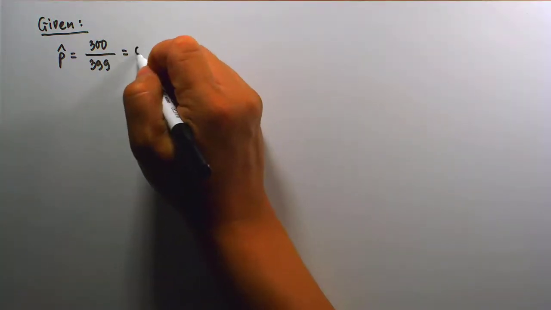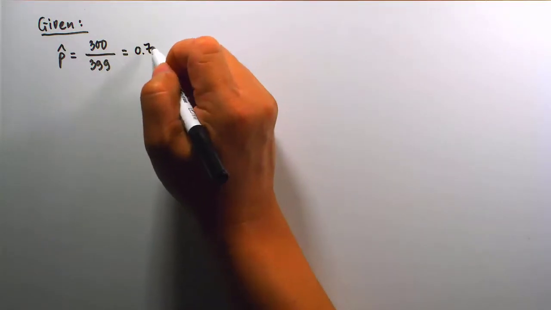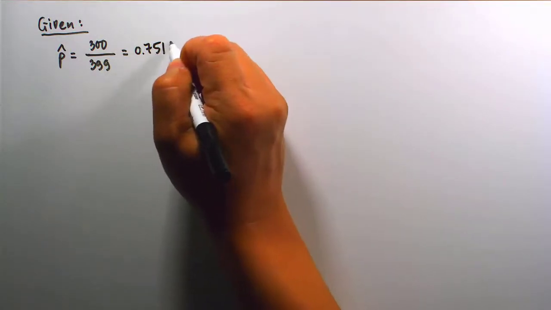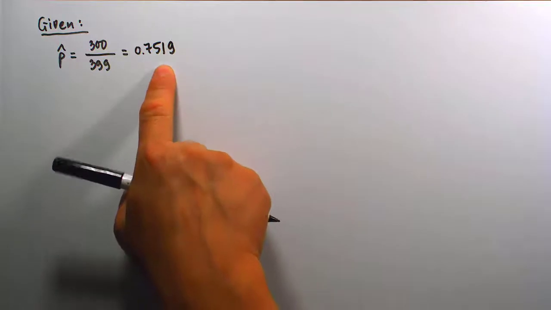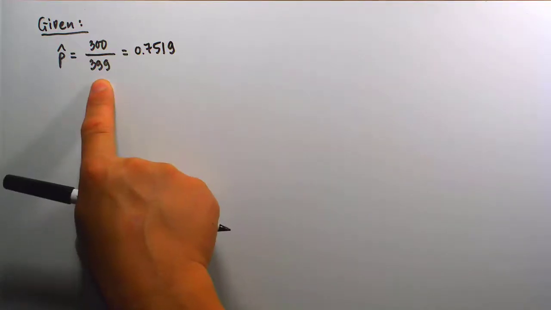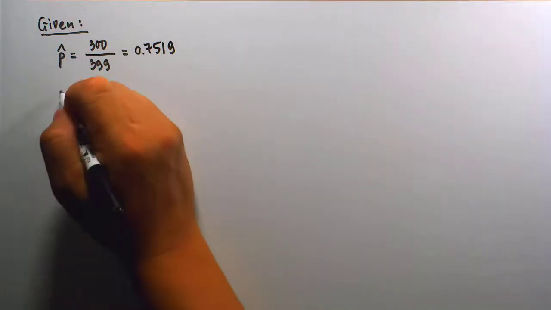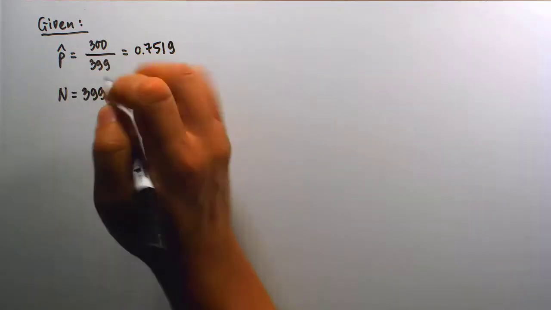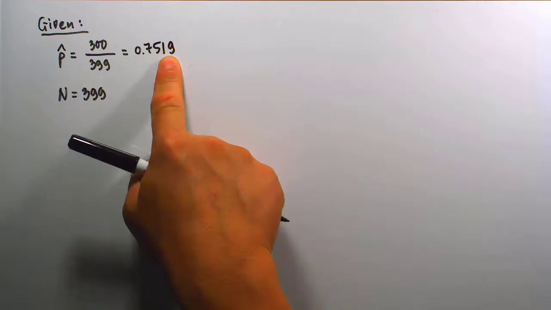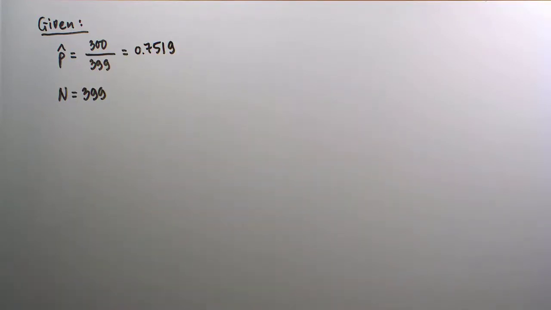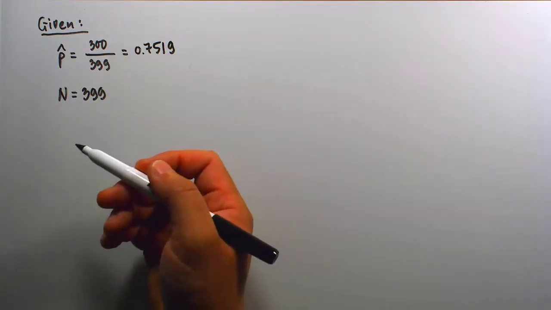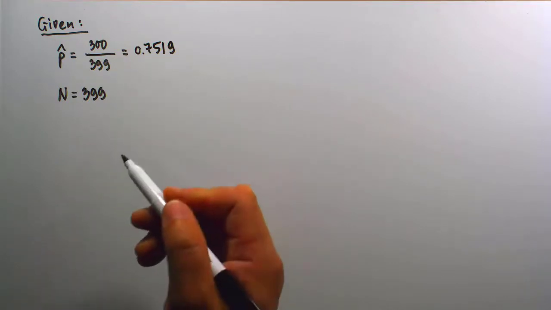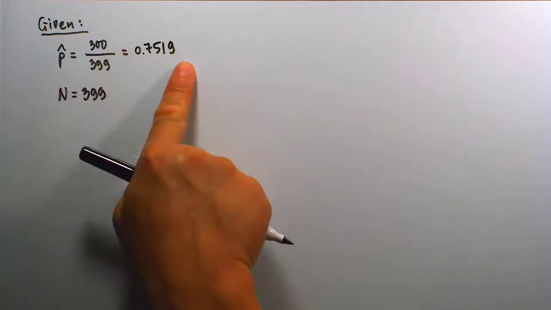This sample proportion is 0.7519. So now we realize that this is a different sample proportion value. We have a larger sample size of 399, and the value does change slightly. Every sample is different from any other sample. Sometimes we might be lucky and run into 2 samples with the same sample value.